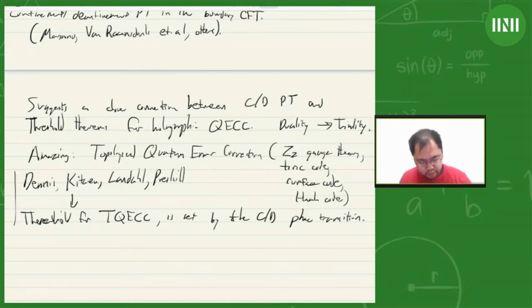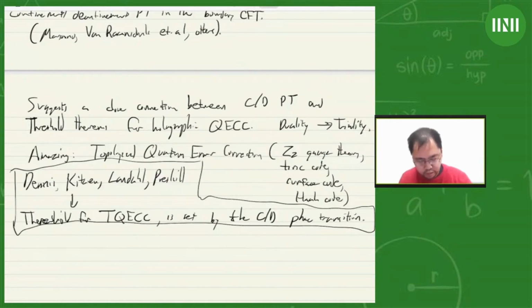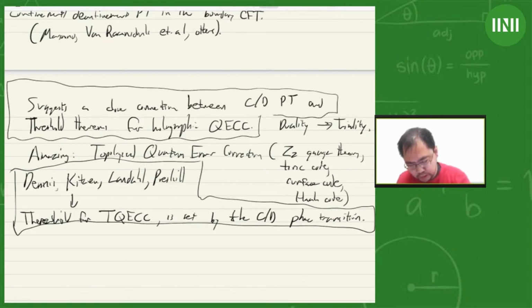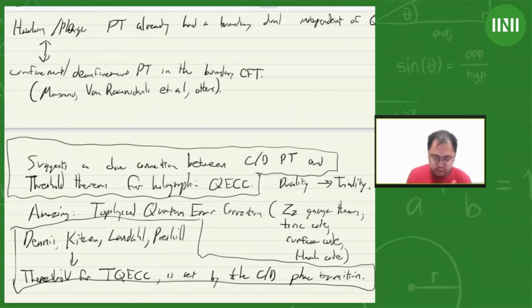So this is a proven result. And for us, this is something that's suggested by conjectured dualities between the confinement-deconfinement phase transition in Hawking-Page, which is on fairly solid ground in AdS/CFT, and the work that we did connecting the Hawking-Page phase transition to the threshold theorem in quantum information.